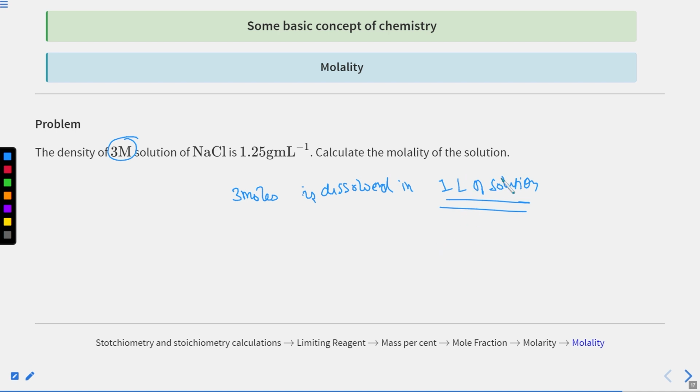Now in 1 liter, what is the mass? For that, we know that density is equal to mass by volume. Density is given, volume is given, so mass would be equal to density into volume, that is 1.25 into 1, which is 1.25 gram. Now it is given in gram per milliliter, not liter.